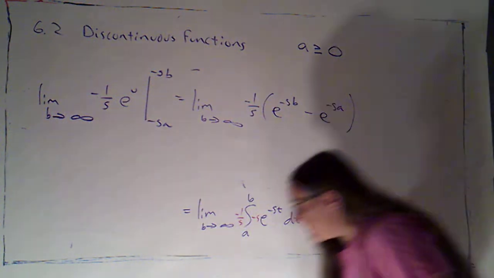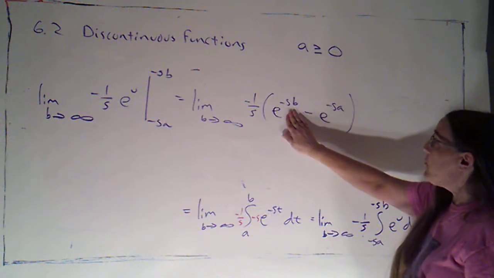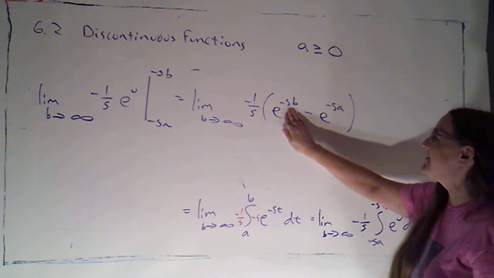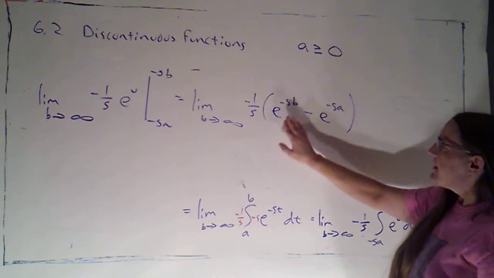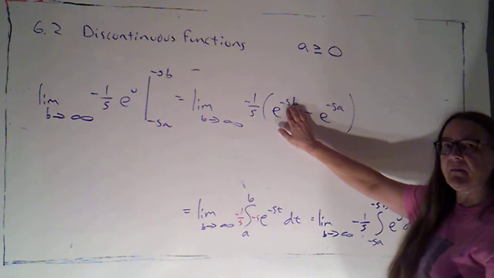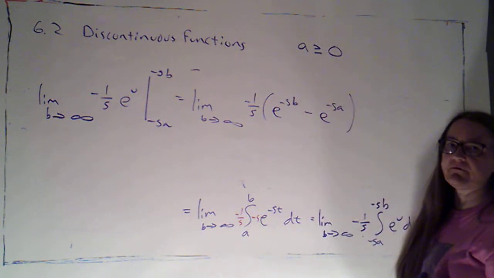Now, this is the only part that has a b in it. I'm hoping that this is going to converge. We already said s can't be 0. If s was negative, this would become e to a big positive power. That would go off to infinity, my whole integral would diverge.